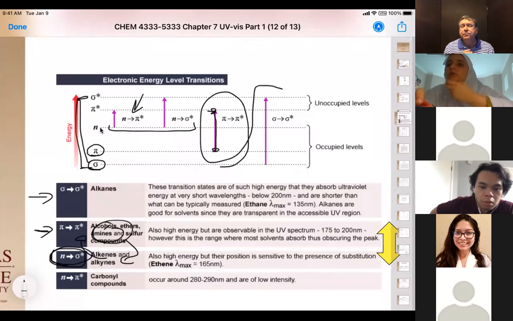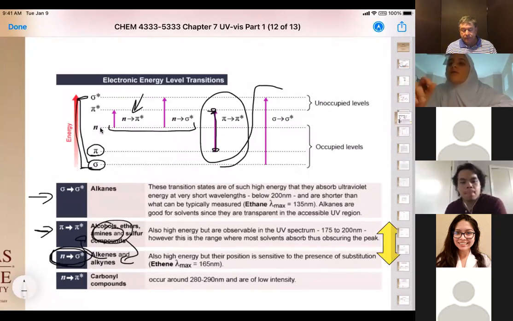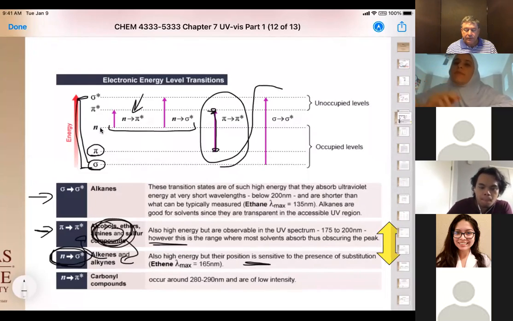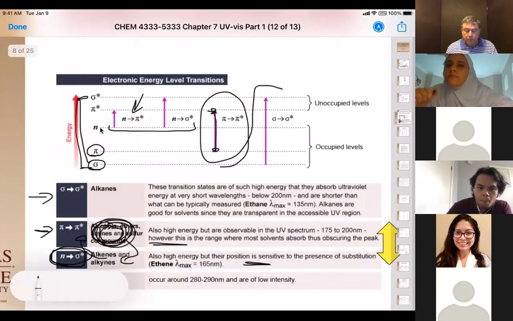Ask it again, please. Like the description that is written in front of those, also high energy but observable in the UV spectrum. This one and also high energy. These two descriptions have to switch. This description and this description are correct. It's just the label of alcohols. Think about it. The alcohols and these all have lone pairs.